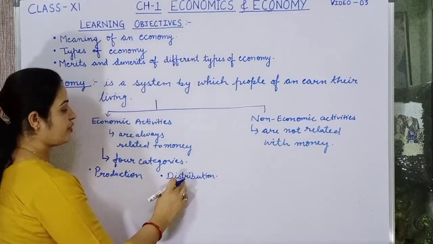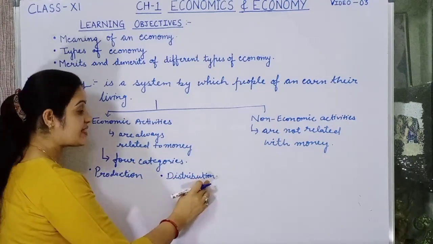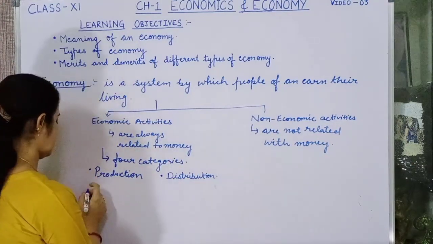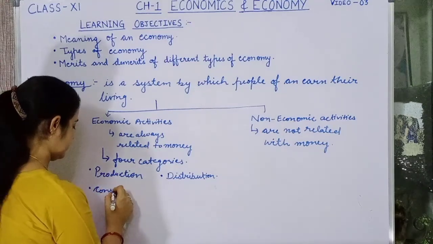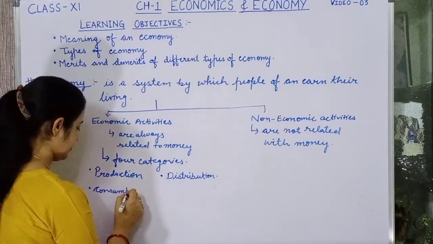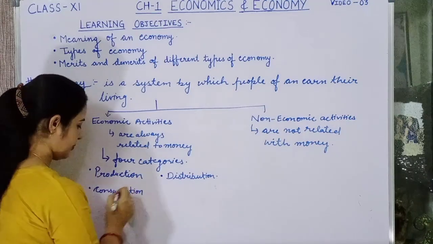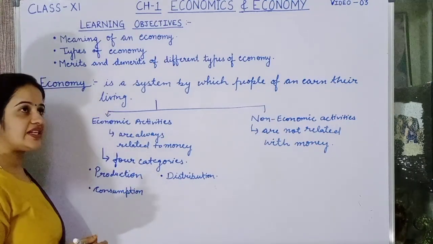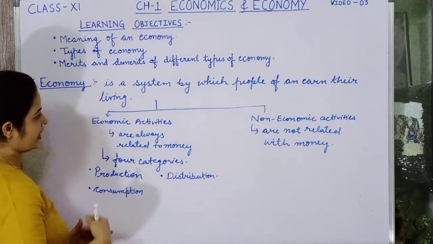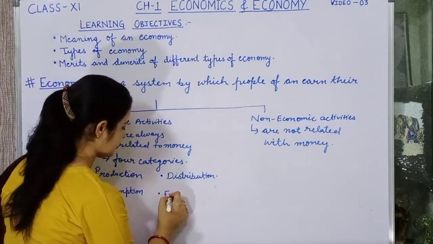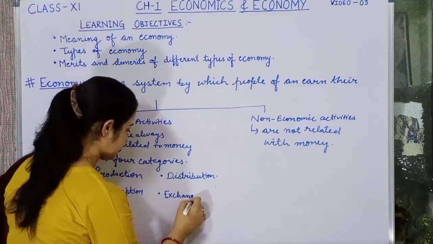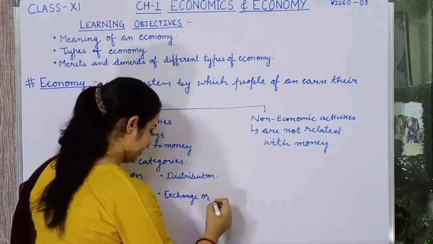Distribution means to distribute goods and services among individuals. Third is consumption, which means to consume those goods and services according to their needs. And last is exchange or trade.